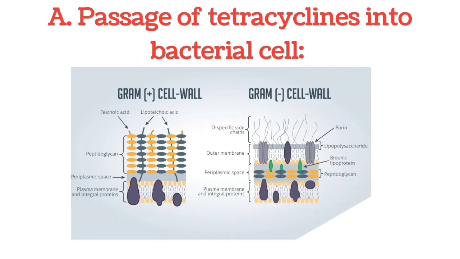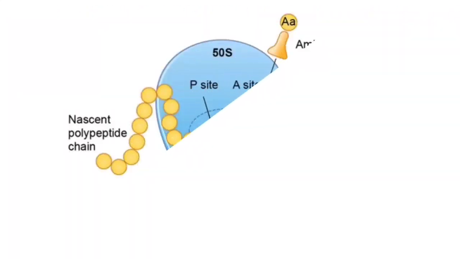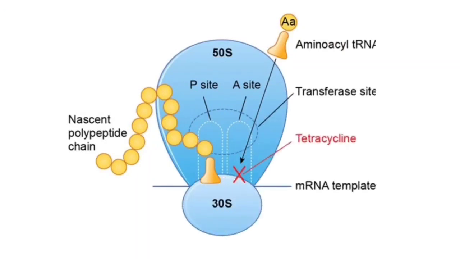Tetracyclines enter gram-negative bacteria by two transport mechanisms, in part by a passive process and in part by an active process. The first is passive diffusion through the hydrophilic channels formed by the porin proteins in outer cell membrane. The more lipid-soluble members, e.g. doxycycline and minocycline, pass directly through the lipid bilayer by passive diffusion.